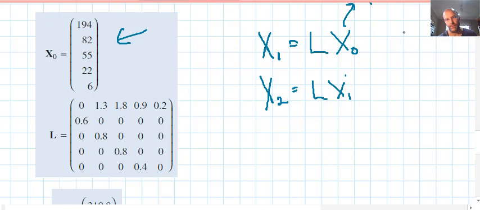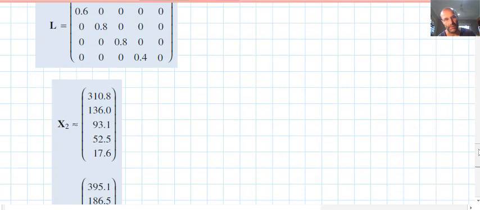Okay, and if we repeated that process to get x2, we've got L times x1. Alright, and if you've got a minute, you might want to pause the video and enter those in, and if you do it twice, you get x sub 2, and you'll get that one there. You could possibly spend a minute verifying that with your graphics calculator, and you can just keep repeating it.